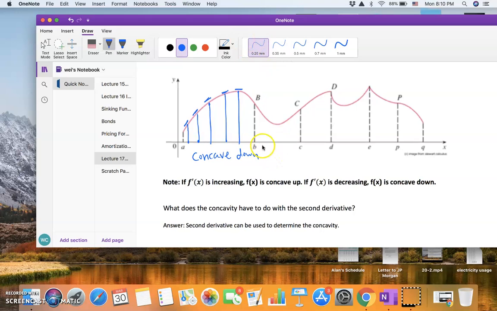And from B to C, the function is concave up. From C to D, it is concave down. From D to E, it is concave up.